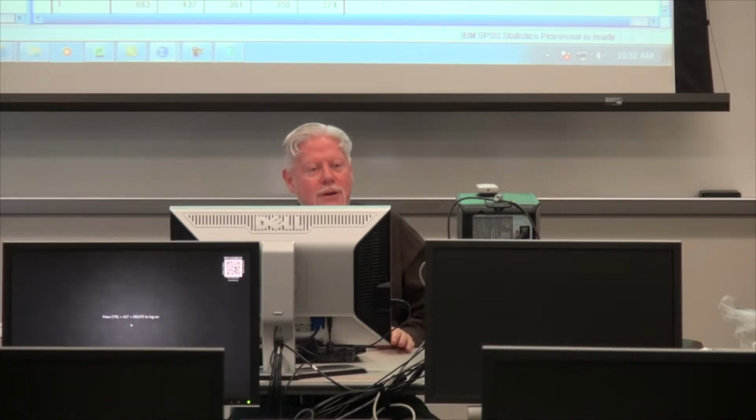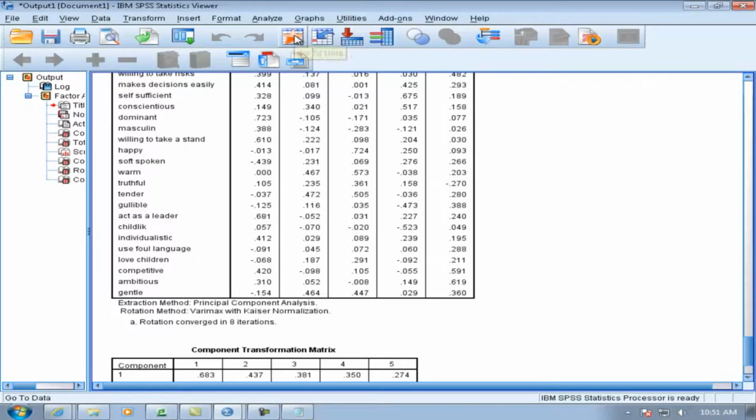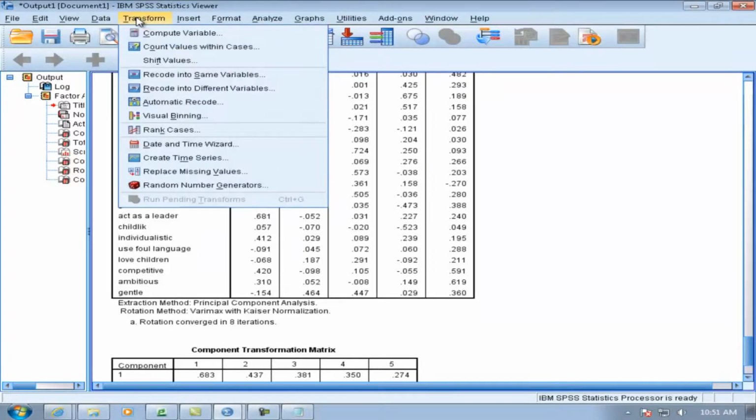So now we're going to go back to the original data set. For the purpose of recoding, you're going to have to let me know which ones it is. And when we aggregate those, we're going to have to recode them. Unless I delete them, I could substitute them in, I guess. That would take care of it. So I can go right here to transform, then go to compute.